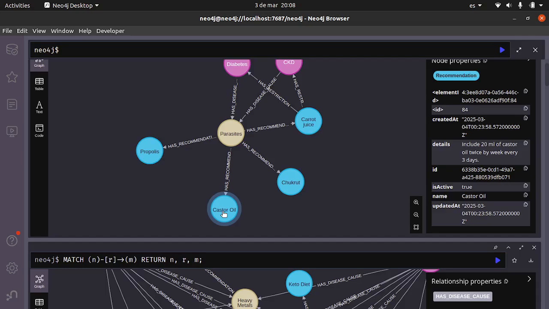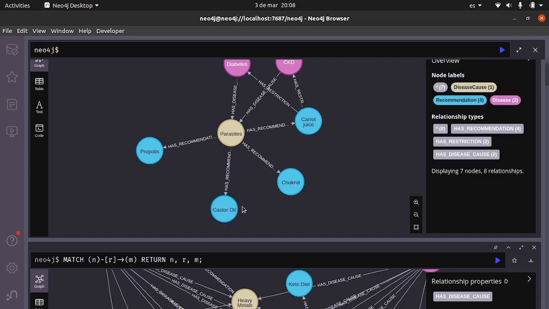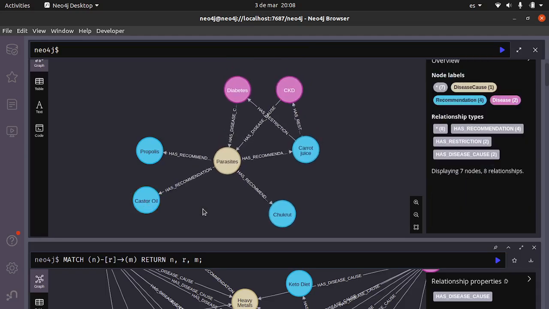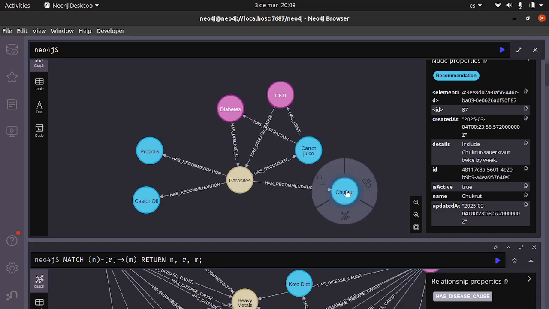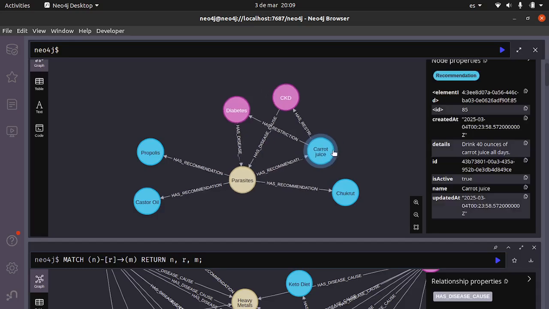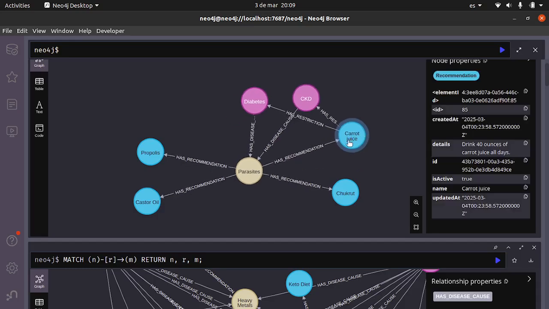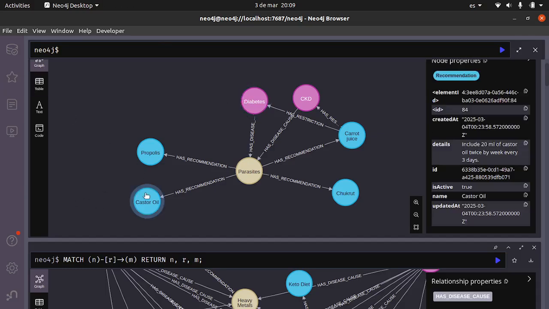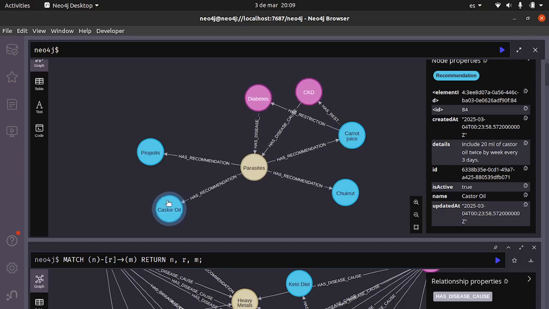I was capable of healing, or almost completely being healthy, thanks to castor oil to remove parasites and clean the body. The crude is also really awesome to fight against parasites. Carrot juice also, true, but in my case it didn't help me a lot.